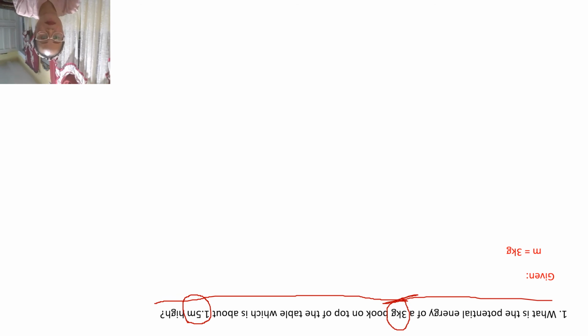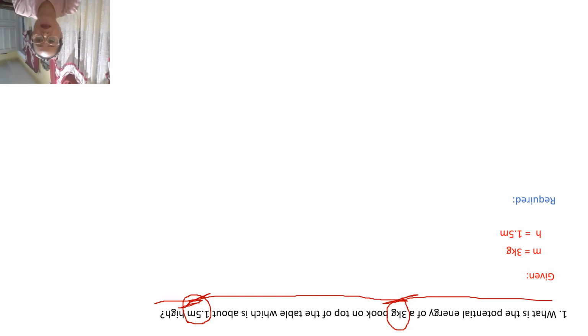Meter is the unit of distance or height. So 1.5 meters is the value of our height. We already have identified our given. The next will be the required. What is being asked in the problem? Ano yung hinahanap? Ano yung tinatanong?